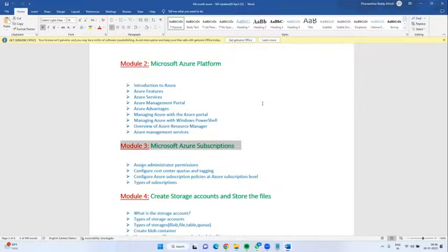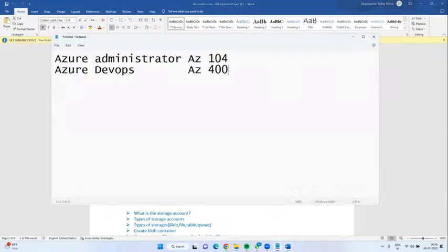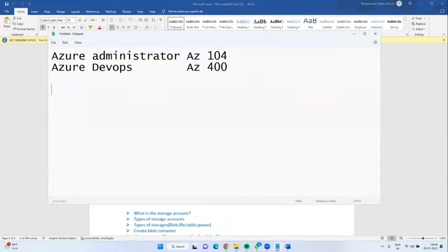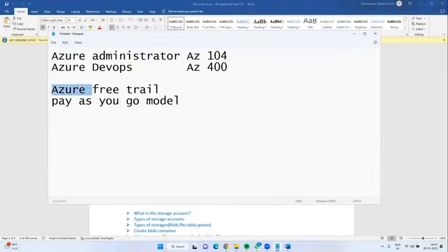So Microsoft provides n number of subscription versions. First, Azure free trial, which you are going to use now. Next, we have the pay as you go model. Next, Visual Studio Enterprise.